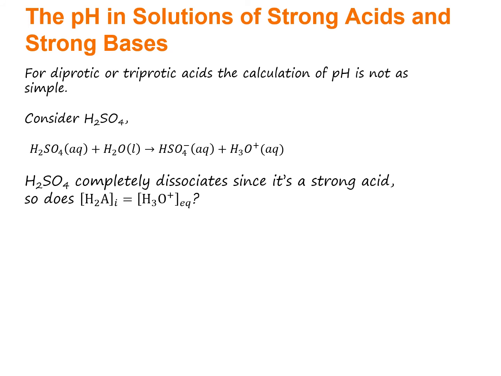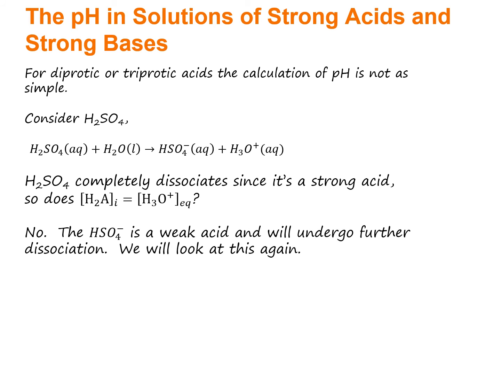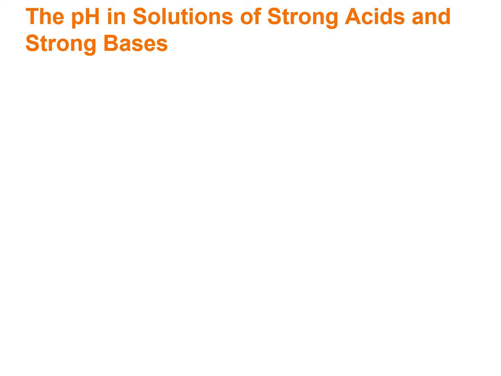But the problem here is that even though H2SO4 completely dissociates, the HSO4 minus that we're left with can still dissociate further, leaving us with a more acidic solution. So since it can undergo further dissociation with that polyprotic acid, it is more complicated to calculate the pH for this, and we'll take a look at it at a later time.